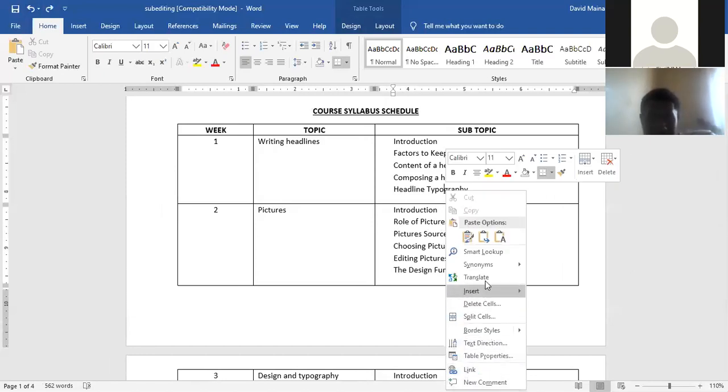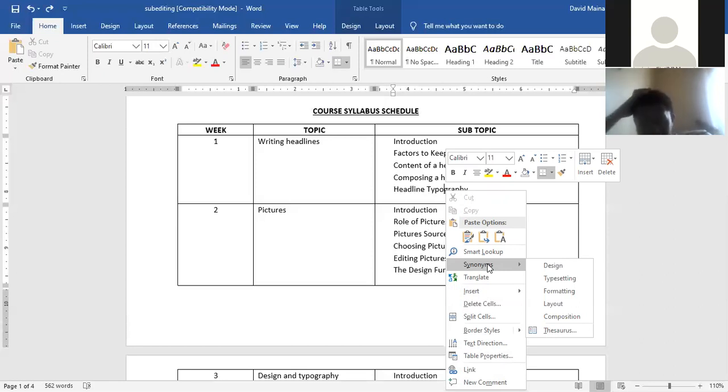The synonym of typography is design, just the design of the newspaper, the layout, the composition of the newspaper. We are going to look at what it is composed of. I mean, how does it look?